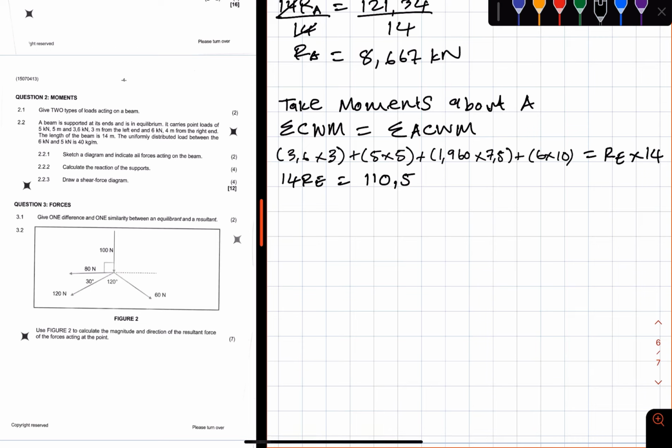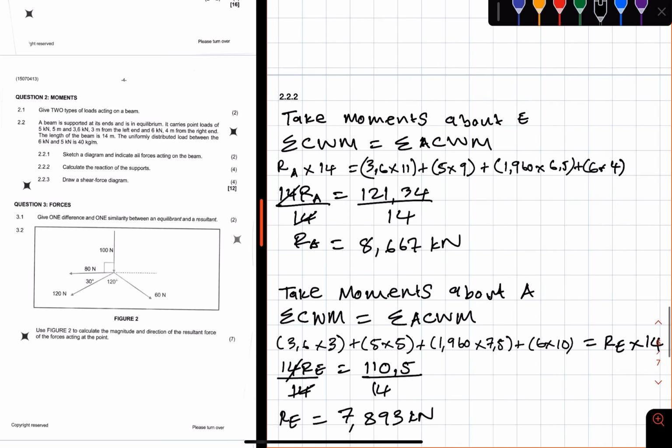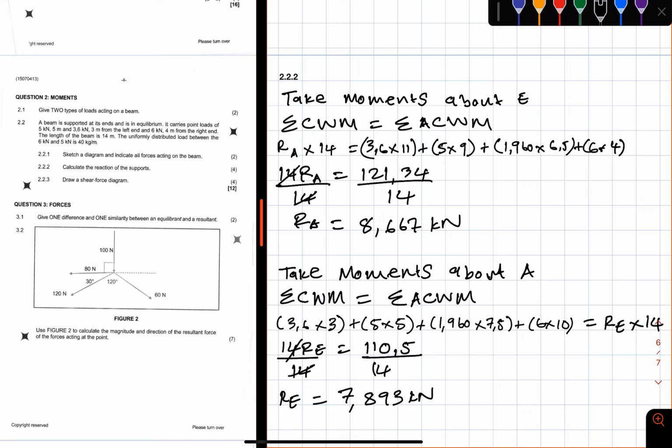Right, so because we're looking for RE, we're going to divide each side by 14. So that goes, and if you punch this in your calculators, we are going to get 7.893 kilonewtons. Right, so we have taken moments to calculate the magnitudes of both the reactions at the supports.